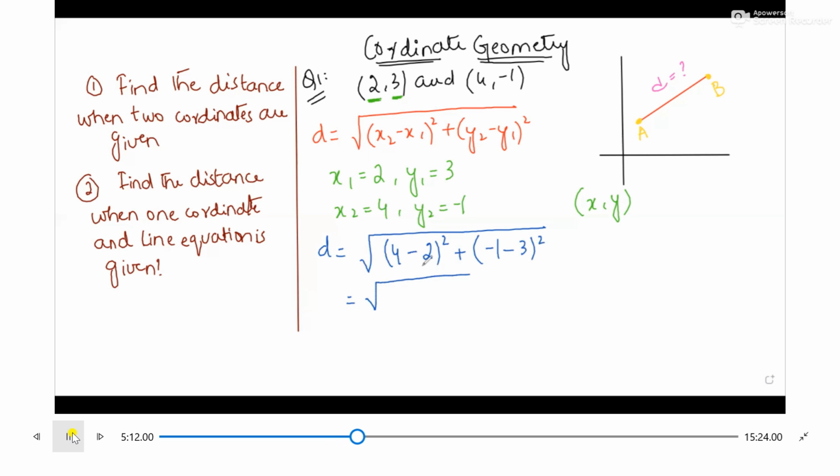After solving, 4 minus 2 will give us 2, and the square of 2 is 4, plus minus 1 minus 3 will give us minus 4, and the square of minus 4 is 16.